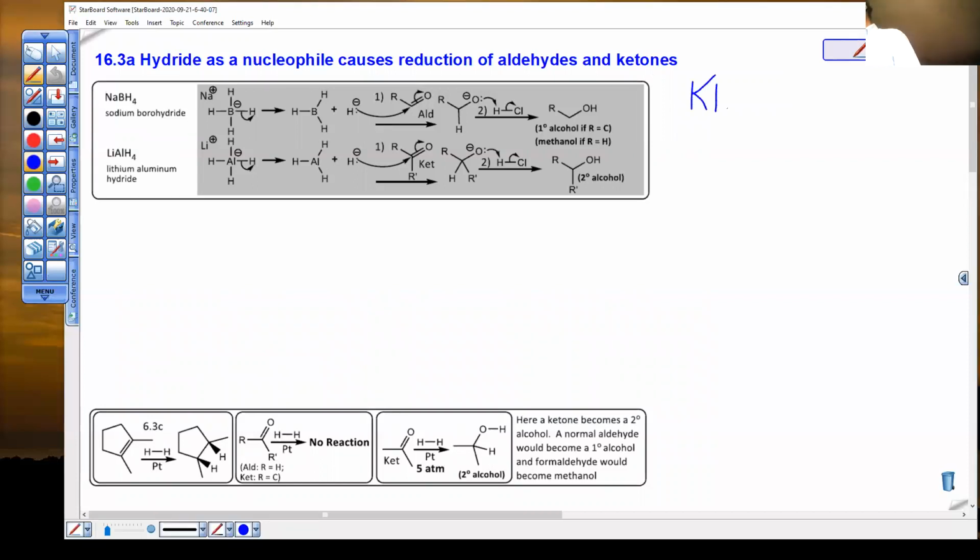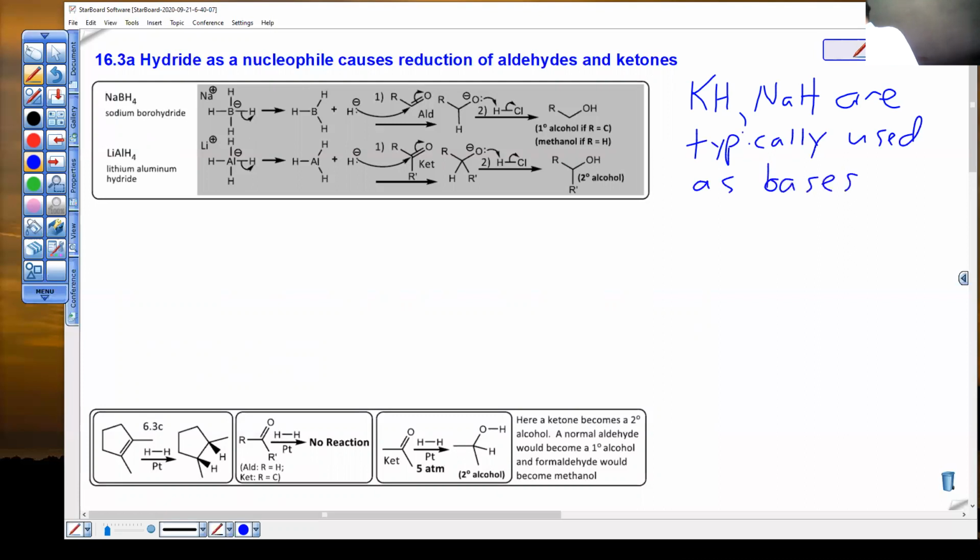KH, NaH are typically used as bases. They do not attack carbonyls.